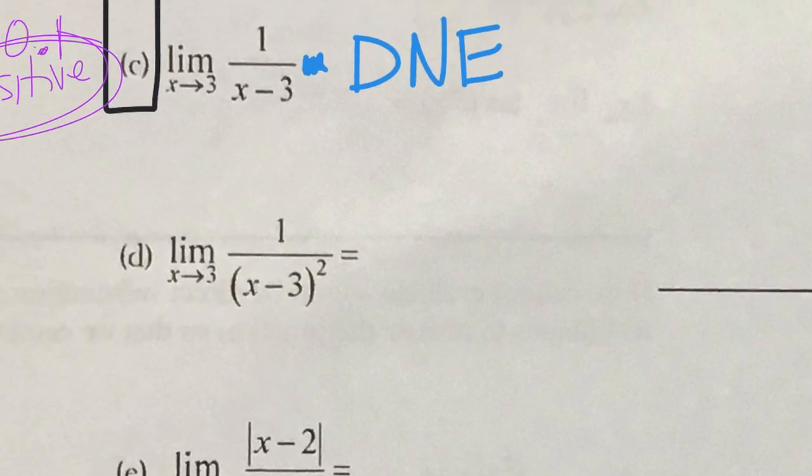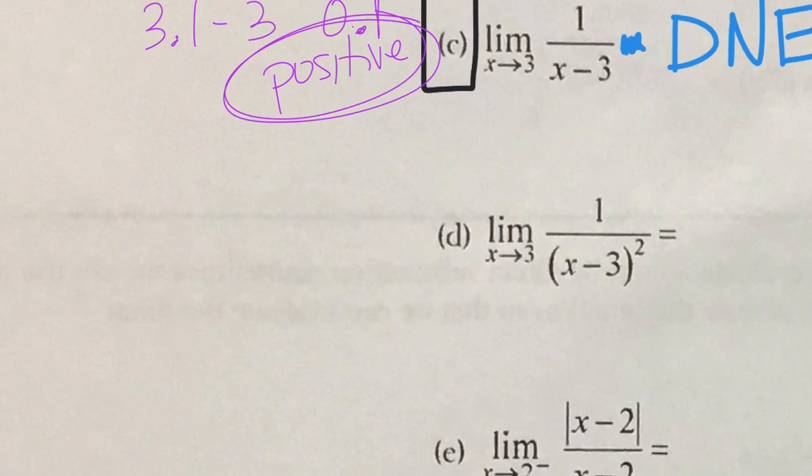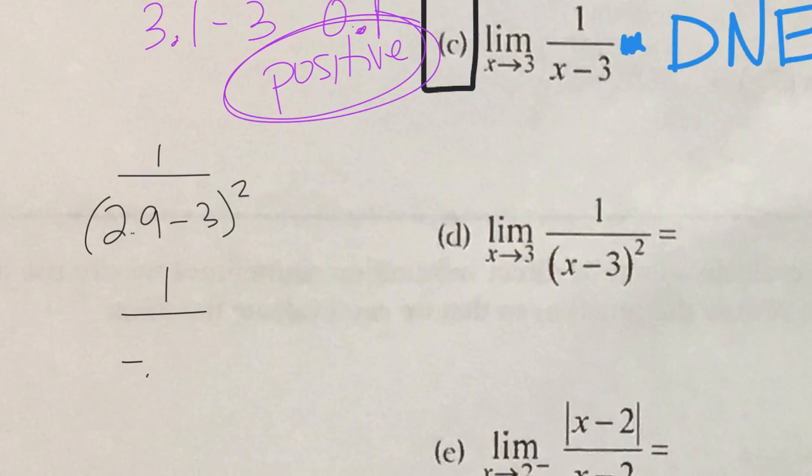Okay? So let's do 2.9. 1 over 2.9 minus 3 squared. That's 1 over negative 0.1 squared. Negative 0.1 times negative 0.1 is positive 0.01, I believe.